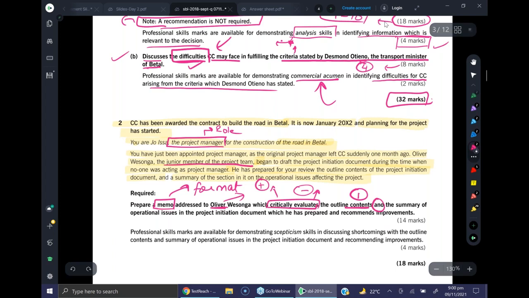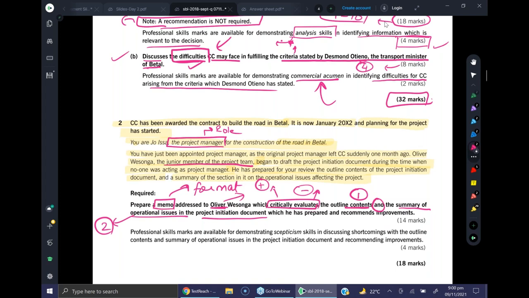So critically evaluate the outline contents and the summary of operational issues, both the things in the project initiation document. If I just talk about contents and not talk about operational issues, I might lose a good number of marks. So I can't do that. Okay, so critically evaluate this, which he has prepared.